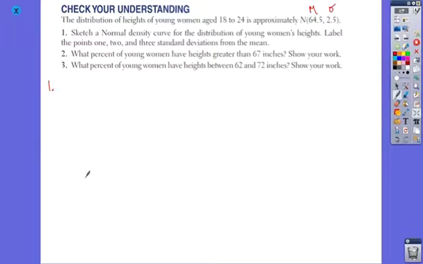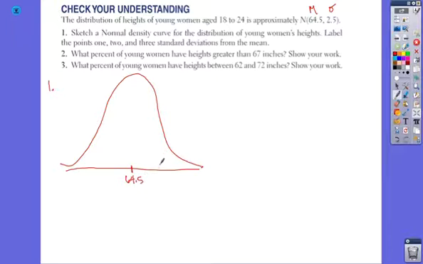So for number 1, we would have our normal curve. And on our normal curve, in the center would be our mean, which is 64.5. And then 1 standard deviation away on either side, 2 standard deviations away on either side, and then 3 standard deviations away on either side.